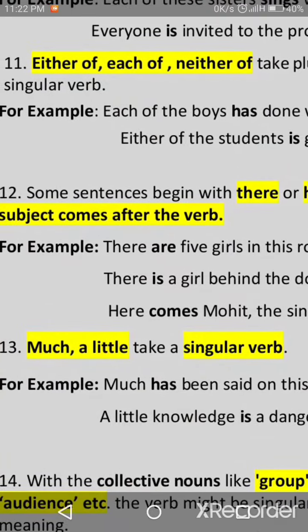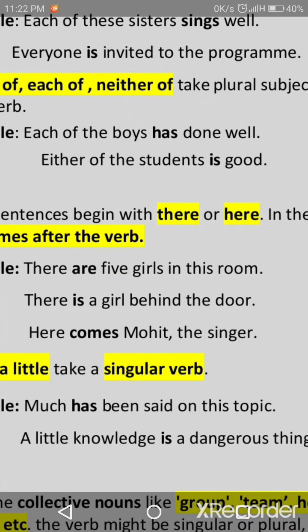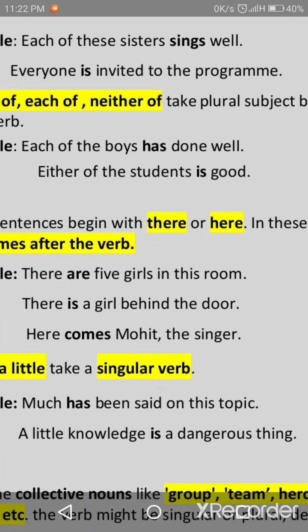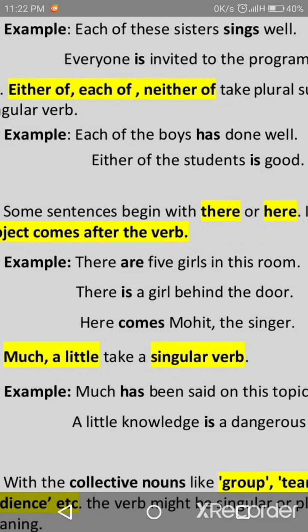Rule number 11 is that when words like either of, each of, neither of are used in the sentence, then they take a plural subject but a singular verb. After these words, a plural subject will be used, but the verb will be singular. For example, each of the boys has done well.